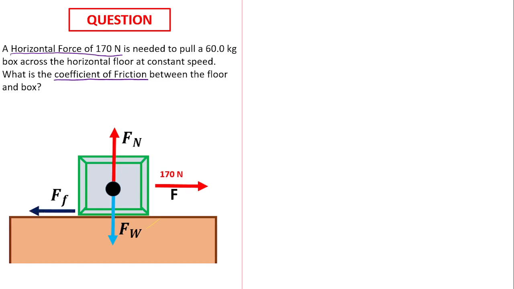That force is the one which is acting in between the box and also the surface of the floor. So these are the forces that you need to take note of. Remember, the black spot here is just showing the center of gravity.